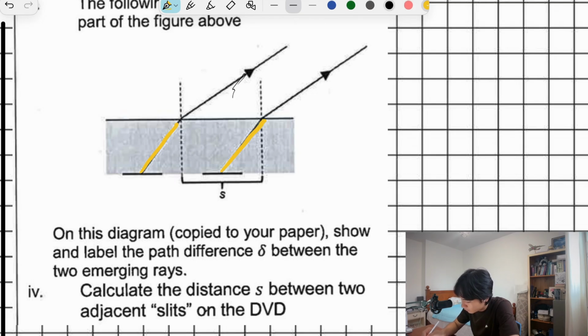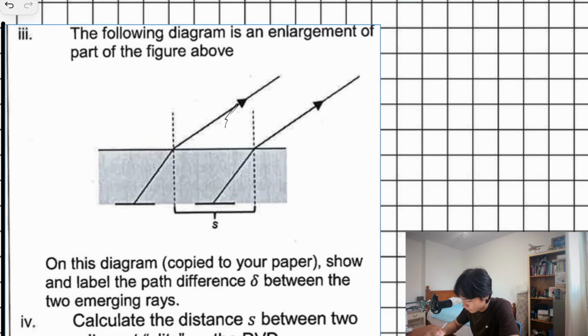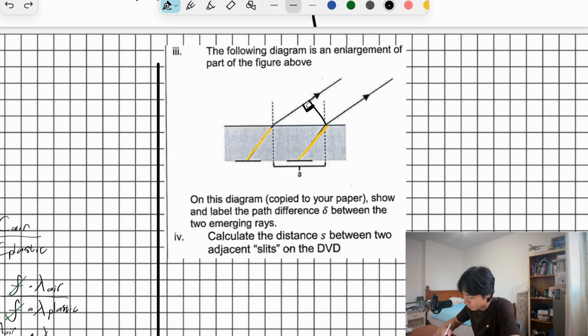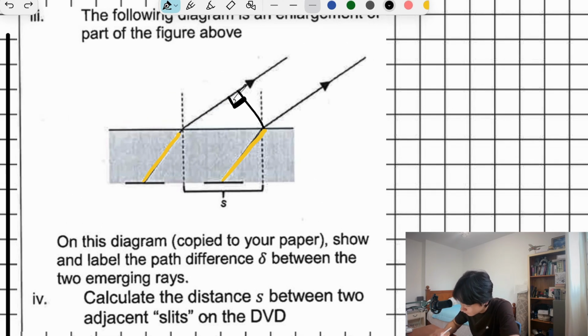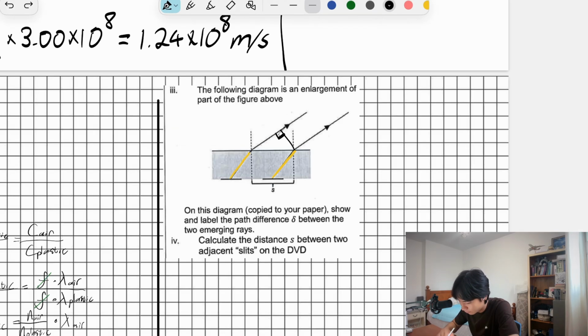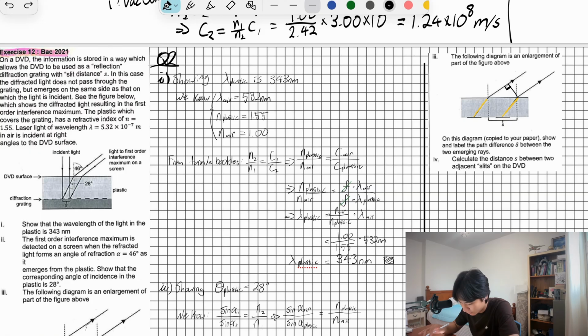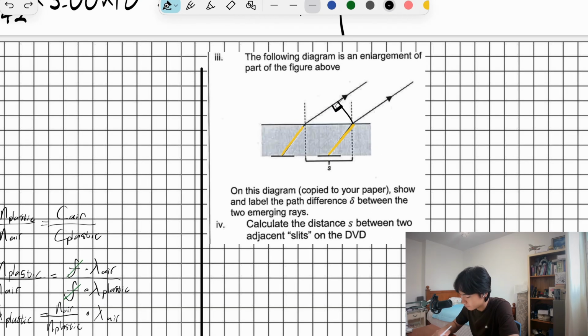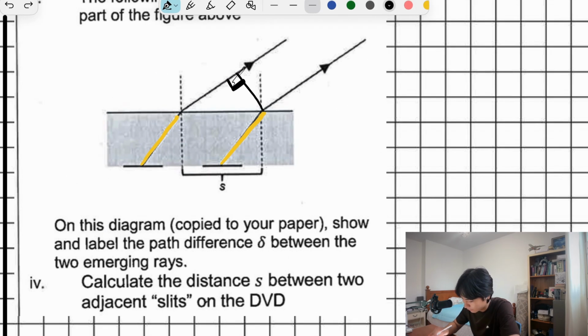So the path difference, like the double slit experiment, should be where it's perpendicular here, because the surface that it is going to be projected on must be perpendicular. Yeah, so this must be the path difference here.